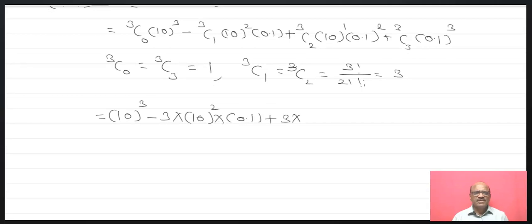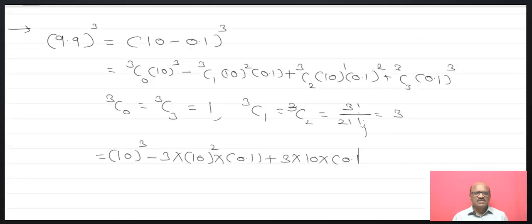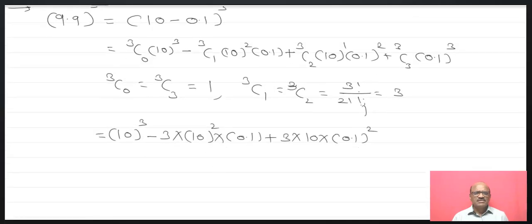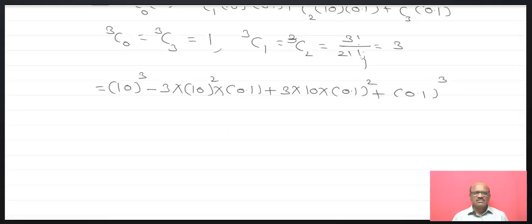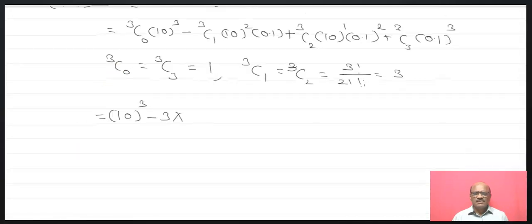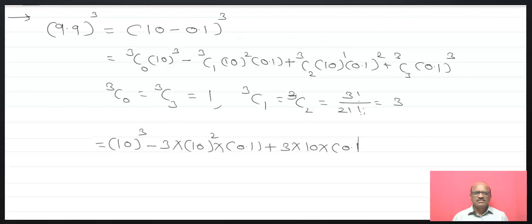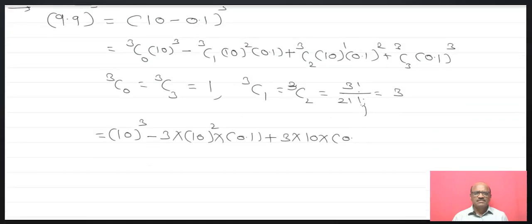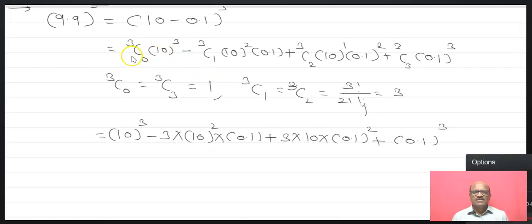Now I have substituted the values. Now these are the values. The first is 3c0, that is equal to 1, 10 raised to 3.